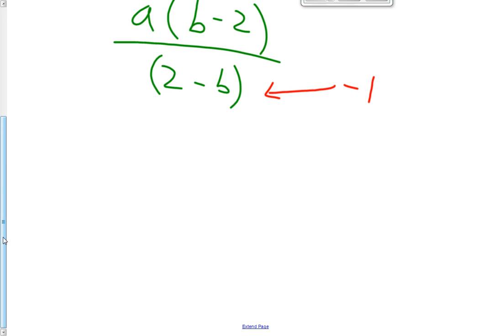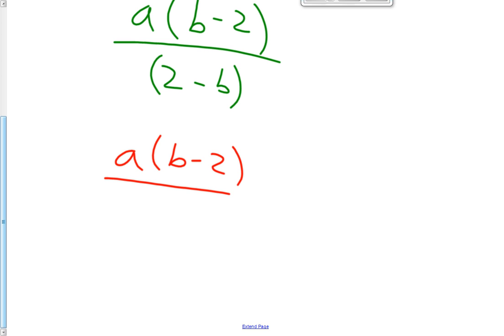If you take a negative 1 out of the denominator, watch what happens. I'm factoring out a negative 1. So in my numerator, I still have a times the quantity b minus 2. In the denominator now, I'm taking out a negative 1. So what's 2 divided by a negative 1? A negative 2. What's a negative b divided by a negative 1? A positive b. So I took out a negative 1. It's kind of like taking out a GCF.